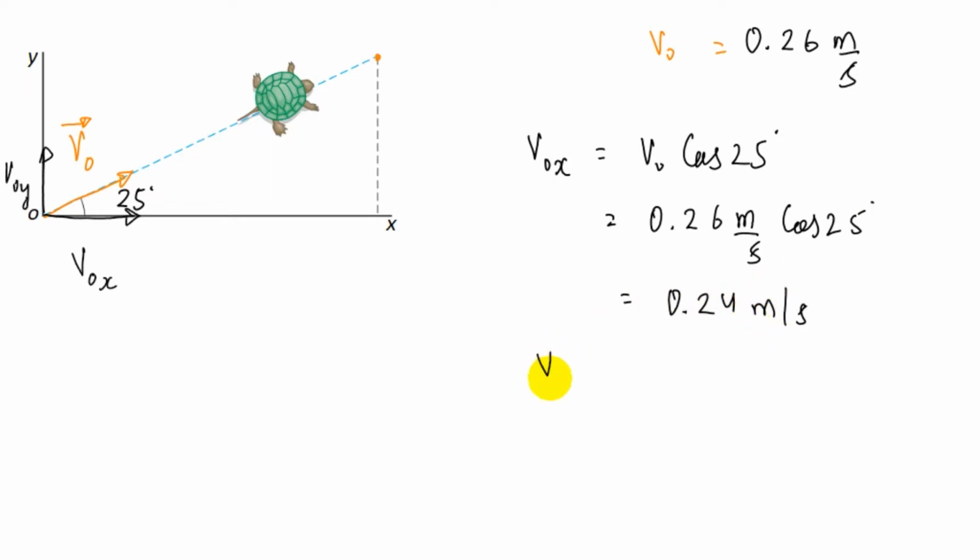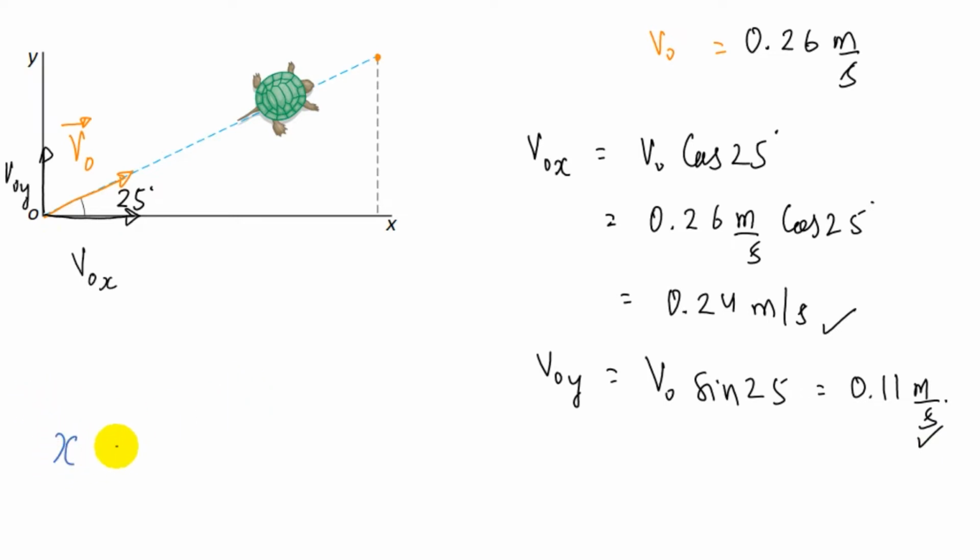Similarly, we can find its speed in the y direction. So this would be v0 sine 25 degrees, and after plugging in the values we'll get this value to be 0.11 meter per second. So from here we can say that in x direction it is traveling with this speed, and in y direction the turtle is traveling with this speed. Now what would be its distance traveled in the x direction?